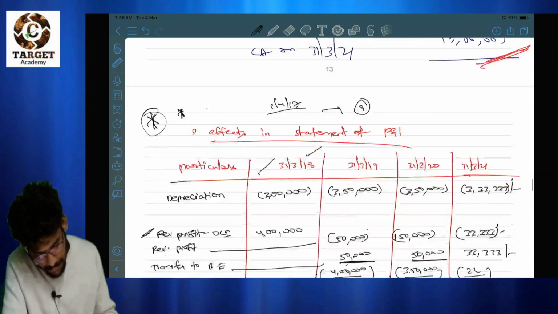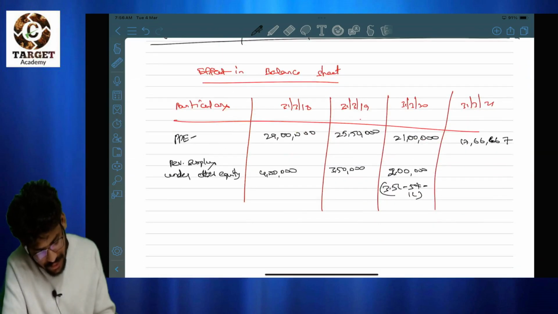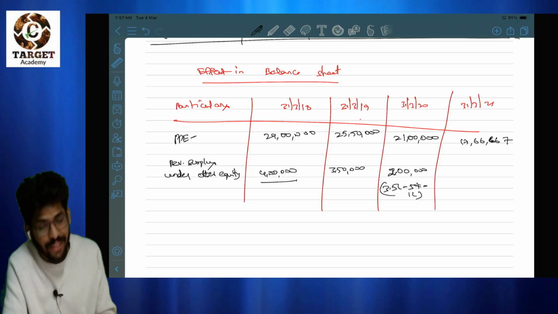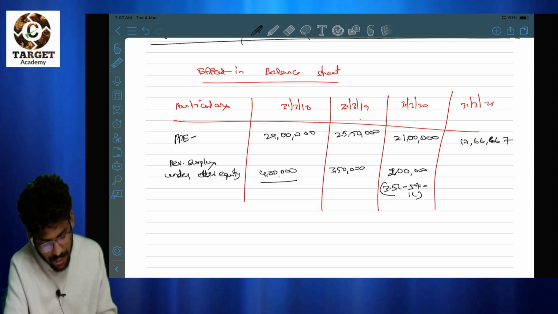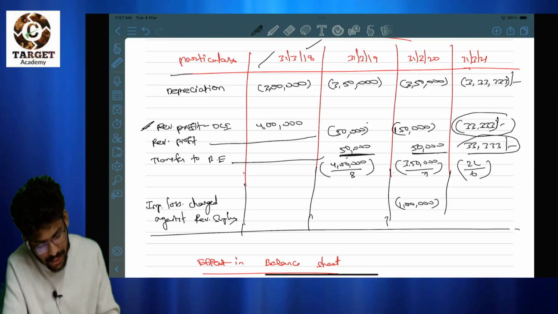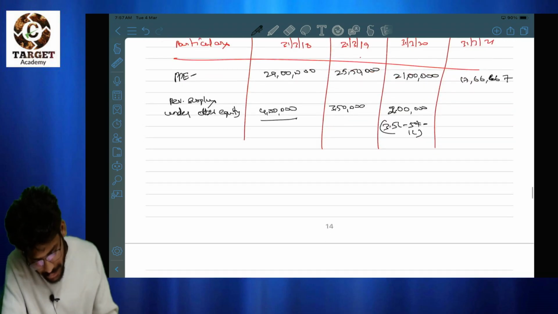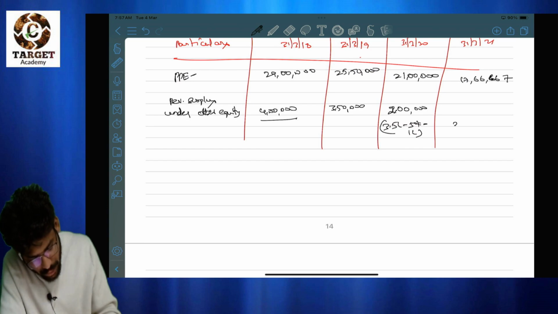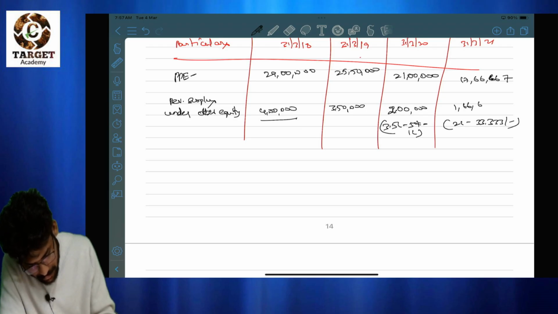Last year, 31st March 2021: out of 2 lakhs, 33,333 is transferred to retained earnings, so the revaluation surplus balance reduces by 33,333. 2 lakhs minus 33,333 is 1,66,667. That's it.